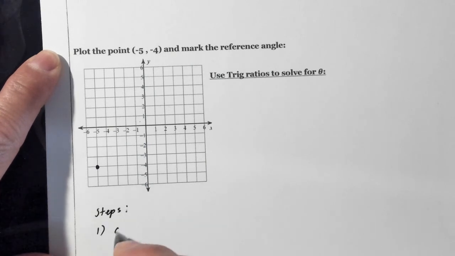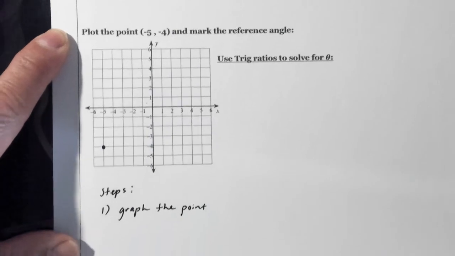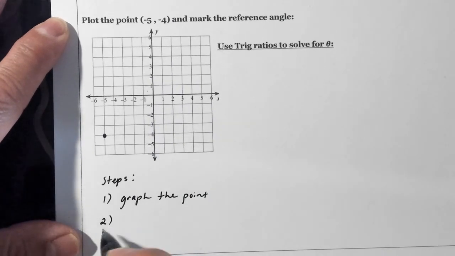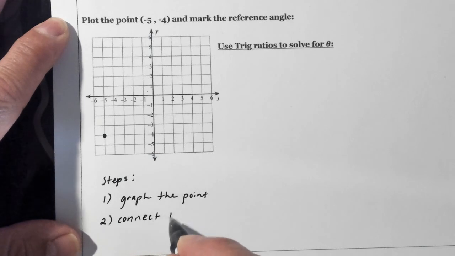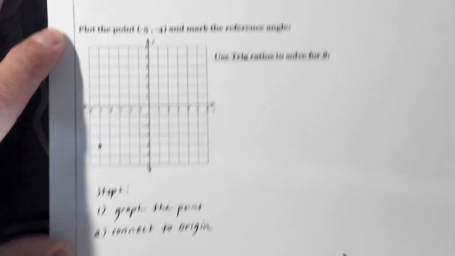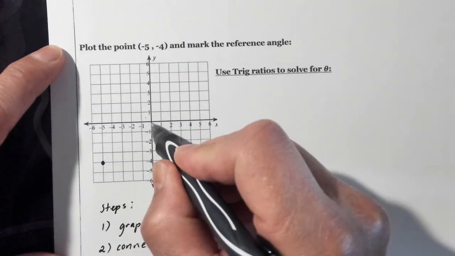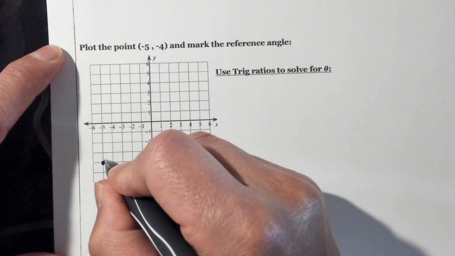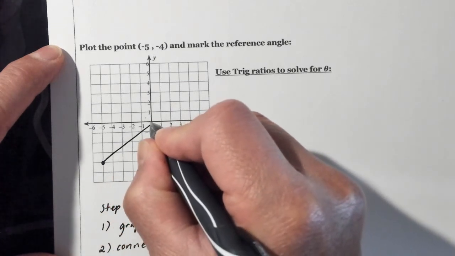Step 1, graph the point. Step 2, connect this point to the origin. Bam! If you have a ruler, great.